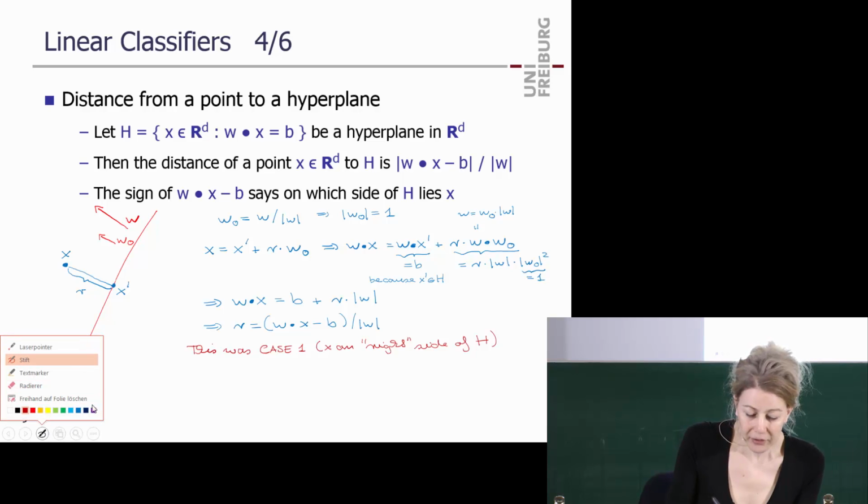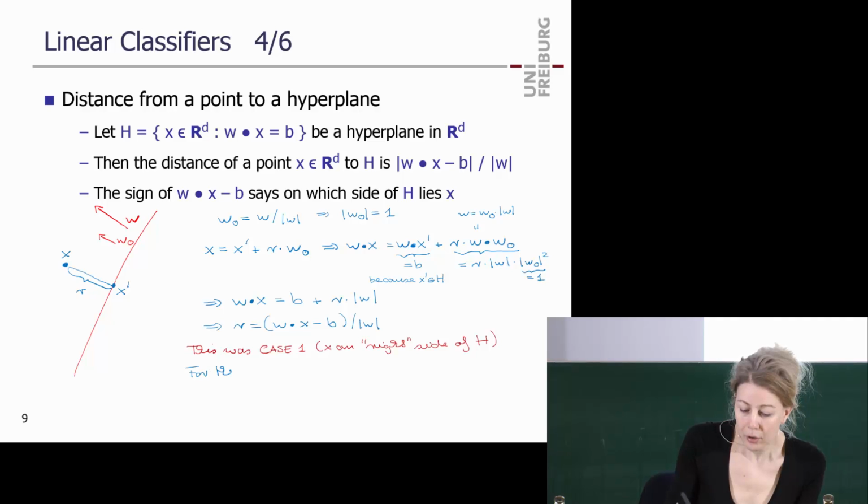And for the other case, well, I'm sorry, for the other case it's just the same. Now I just have a minus here, because the vector is now going in the other direction.